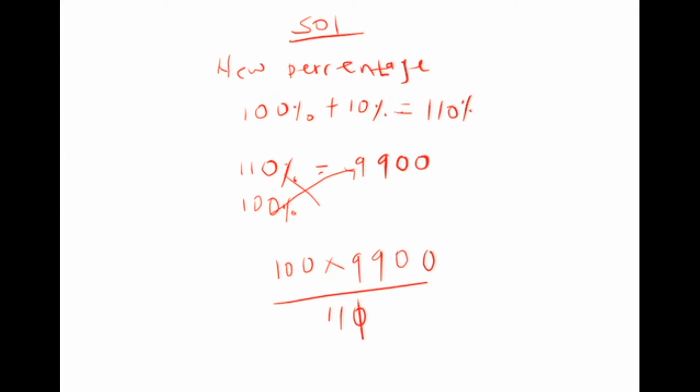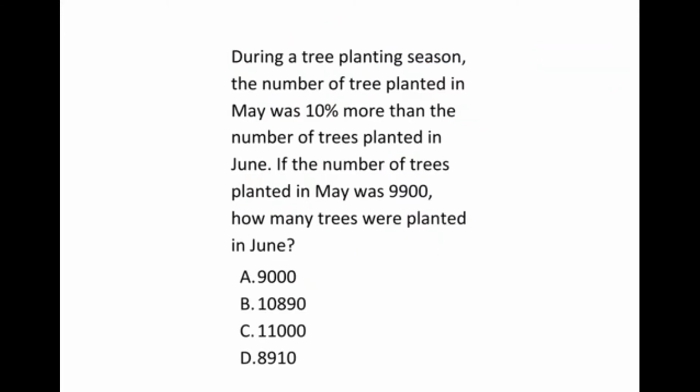This 0 will cancel with this 0. By 11, 1. By 11, we get 900. 10 times 900, we get 9,000. Therefore, the number of trees which were planted in the month of June were 9,000. Therefore, our correct answer is A.